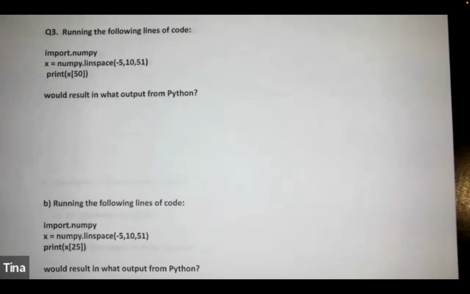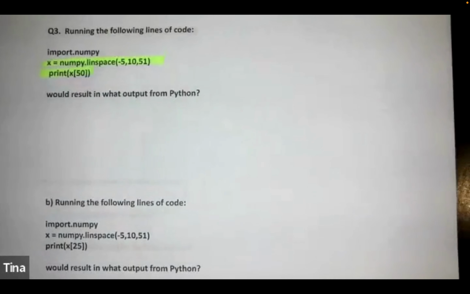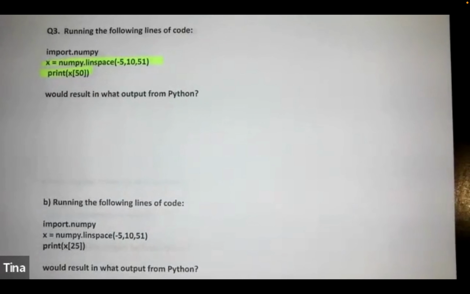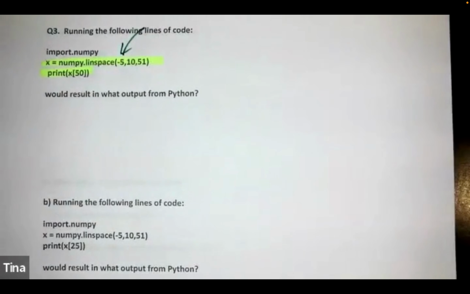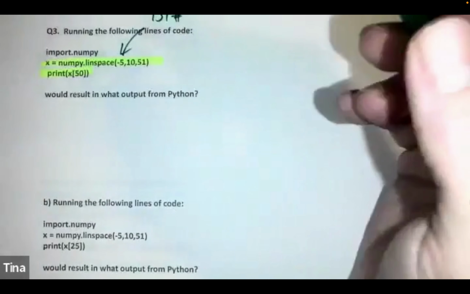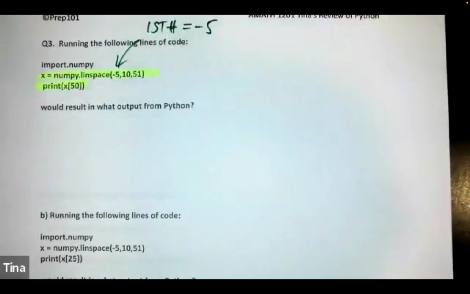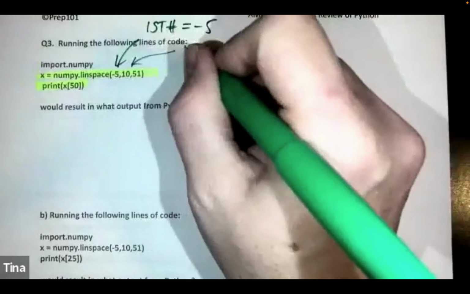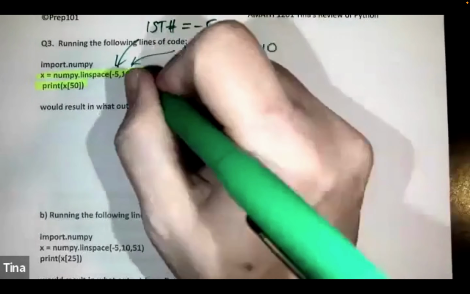Okay, let's see what you came up with here, guys. So we've got numpy.linspace, and we want to print x bracket 50. Okay, so that means that my first number in the set is -5, and my last number is 10.